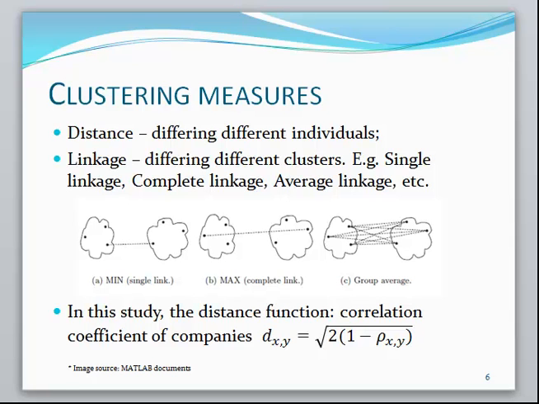The most common linkages are single linkage, complete linkage, and the group average linkage, etc. Take the single linkage as an example. It uses the smallest distance between objects in the two clusters to differentiate two clusters. In this study, our distance function is derived from the correlation coefficient of a company's returns.